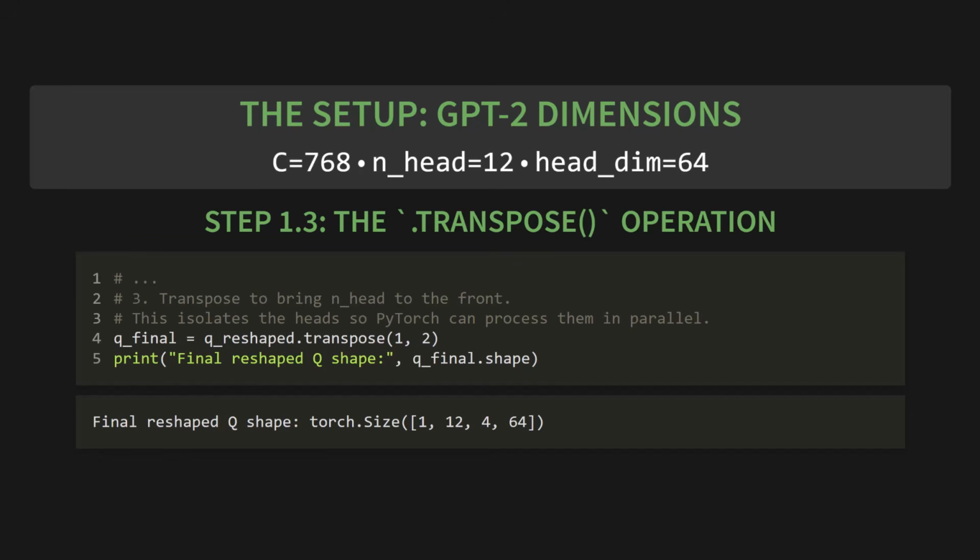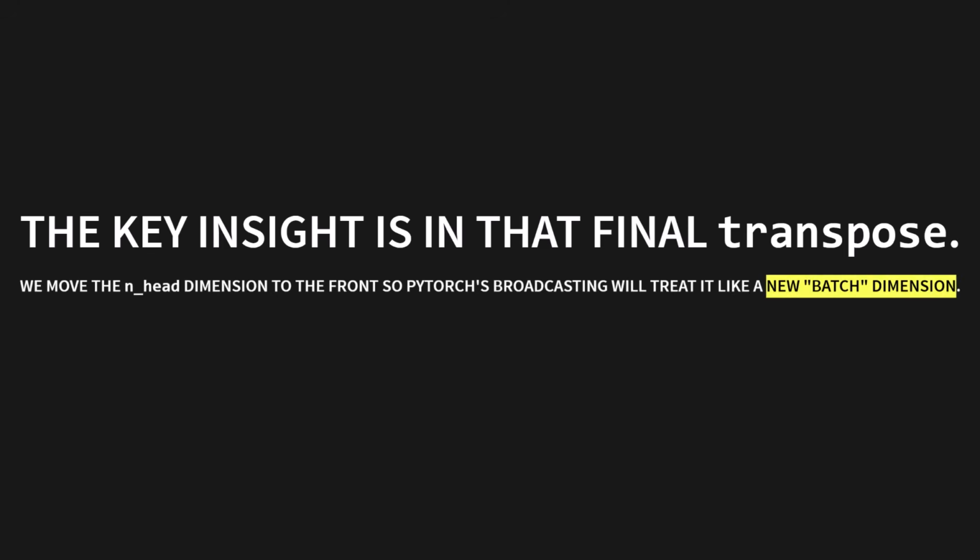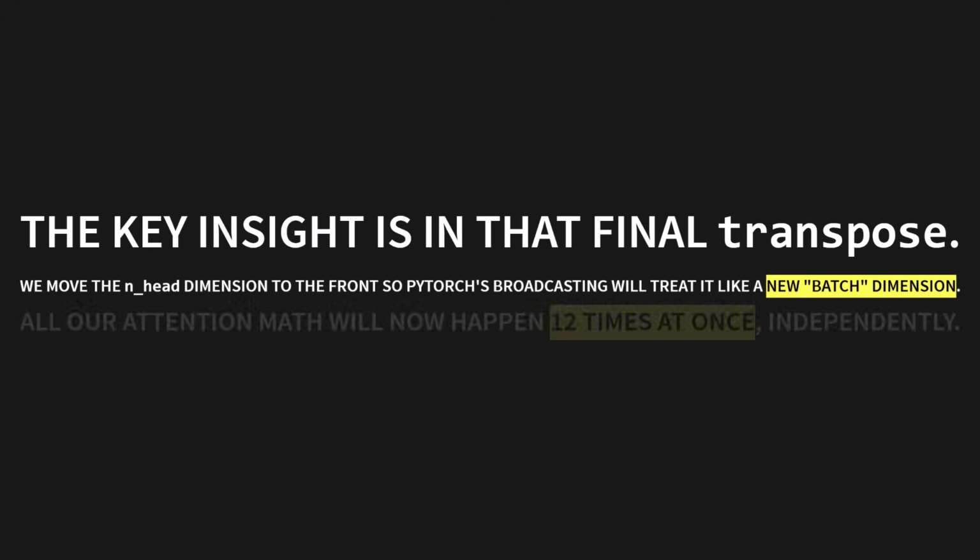So the final reshaped Q shape is now 1, 12, 4, 64. The key insight is in that final transpose. We move the n_head dimension to the front so PyTorch's broadcasting will treat it like a new batch dimension. All our attention math will now happen 12 times at once, independently.